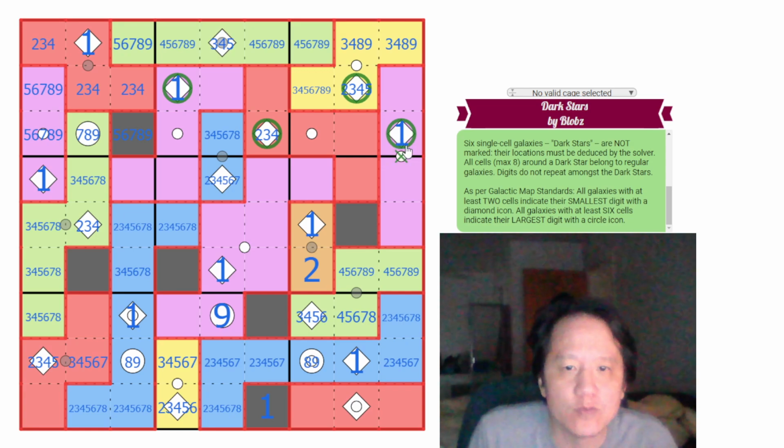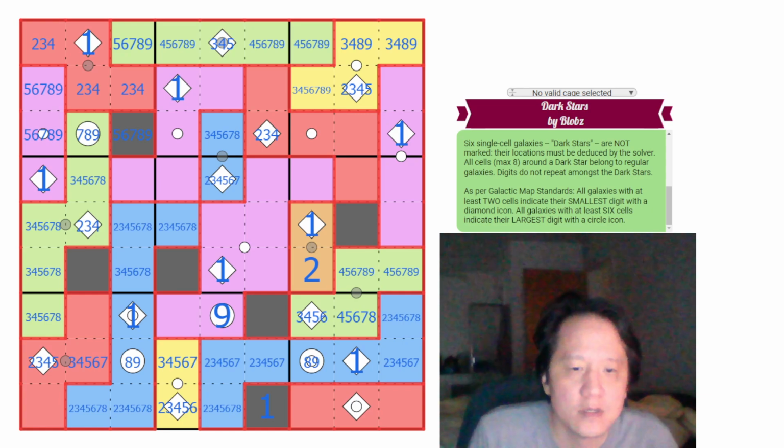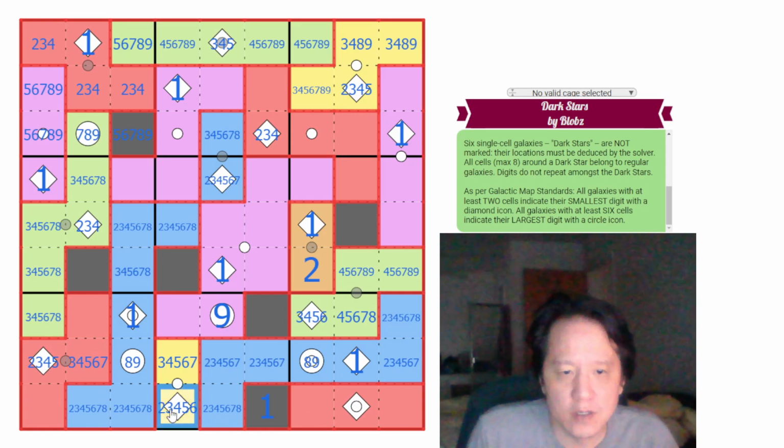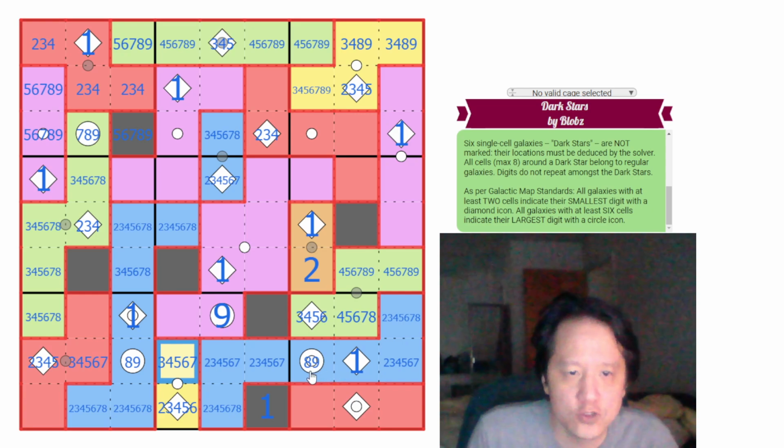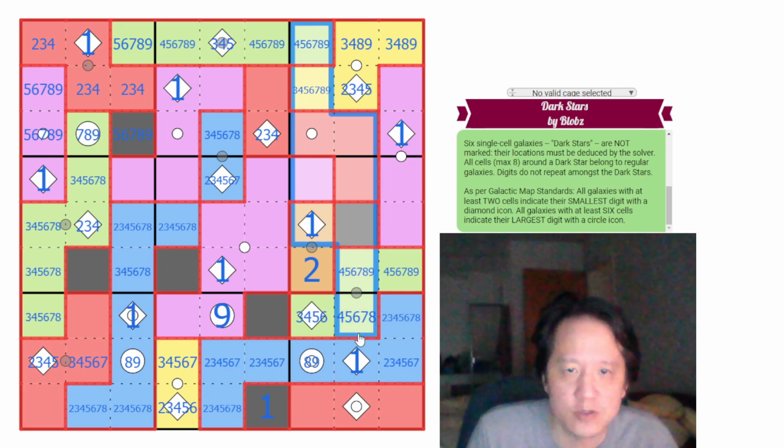Okay, let's remove these circles because they're getting confusing. Okay. 2. Where can 2 be? We only have one. So this can't be 2. This can't be 2. This can't be 2. This can't be 2.